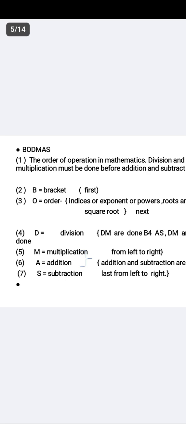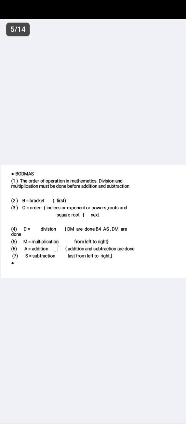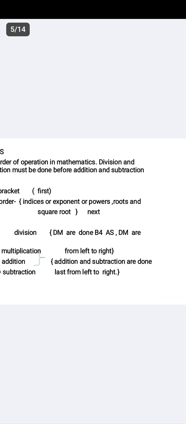Now, the next thing you will do is to go to the order. What is the component of the order? Order are things like indices or exponents or powers or roots and square roots. After solving the one in the bracket, look for any indices, otherwise called exponents or powers.